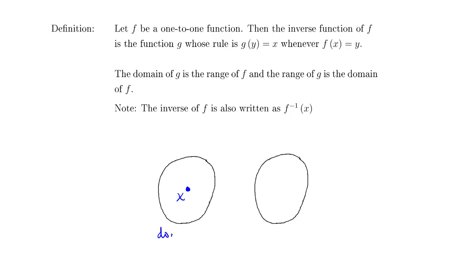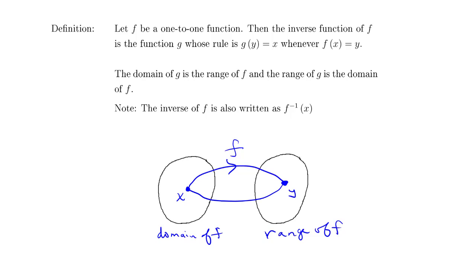That's saying that if we have some x in the domain of f, and it gets sent by f to some y in the range of f, then g would be the function that takes it back.